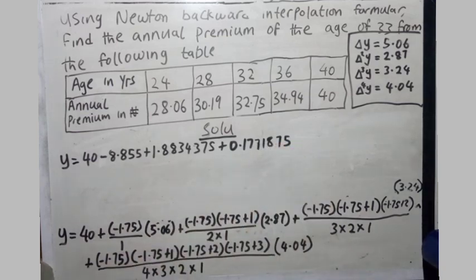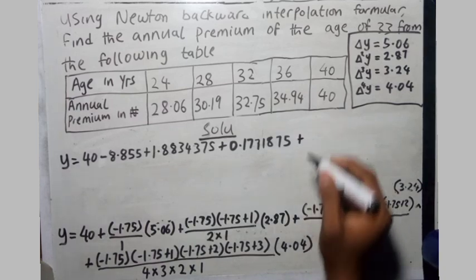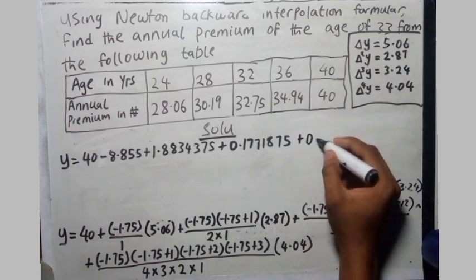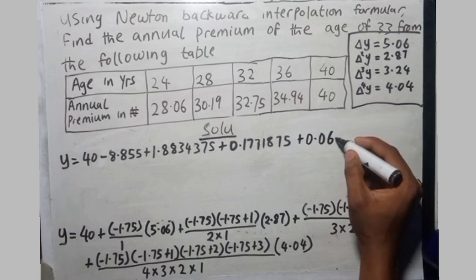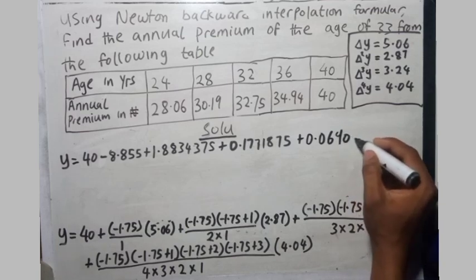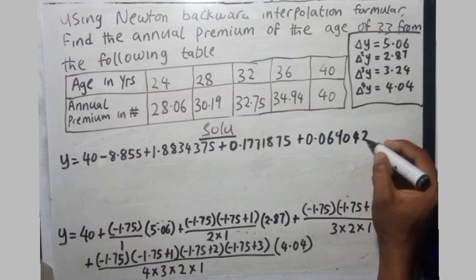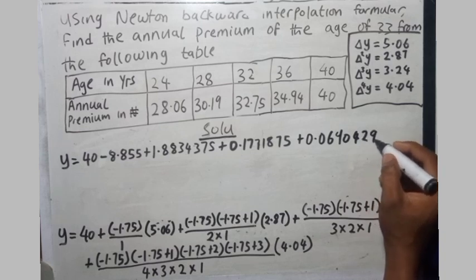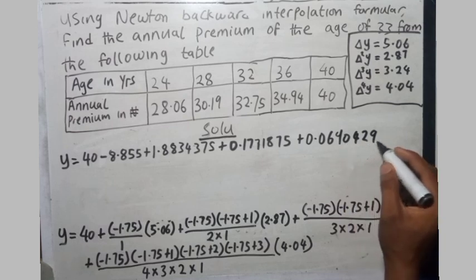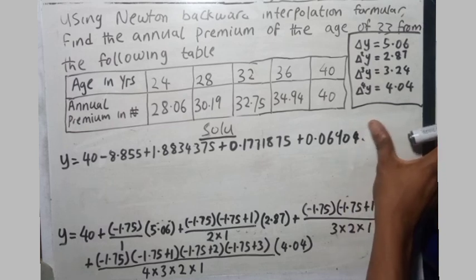And for the next one, we are having a huge number, but I'm going to be approximating to, let me say, 7 decimal places. So this is 0.069042, it's up to 7.